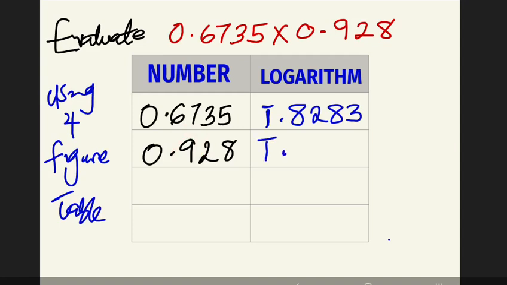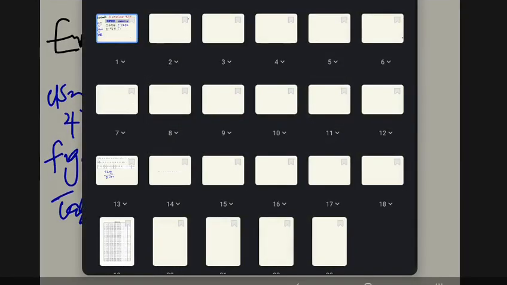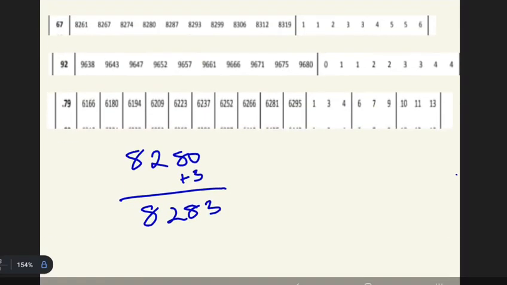Now, 92 under 8. You go back to the logarithm table to find 92 under 8. So we have 92 under 8. It reaches 9, 0, 1, 2, 3, 4, then 0, 1, 2, 3, 4, 5, 6, 7, 8.